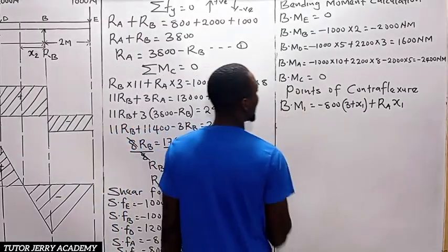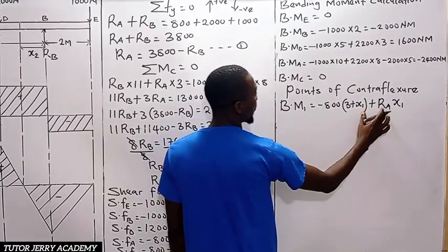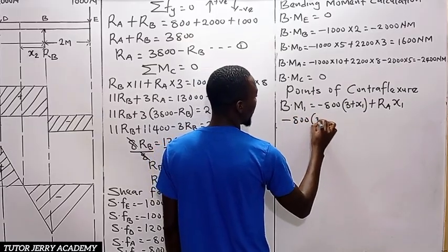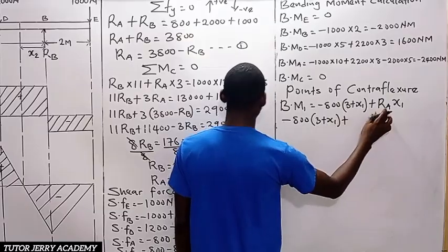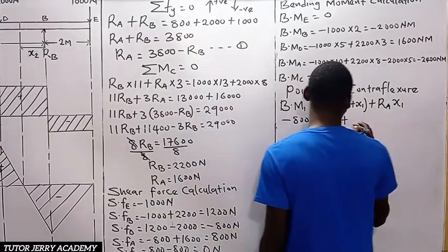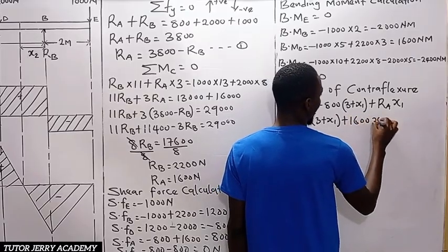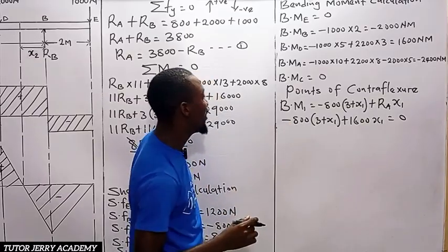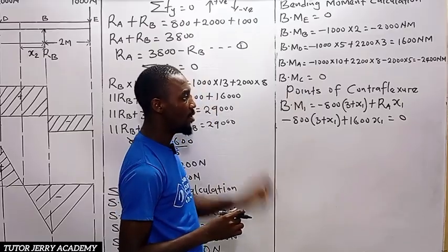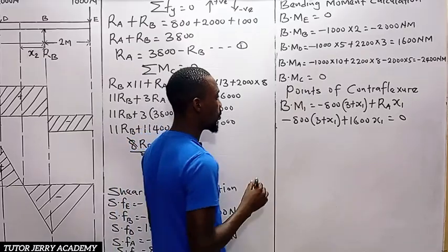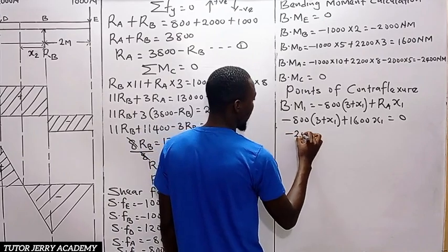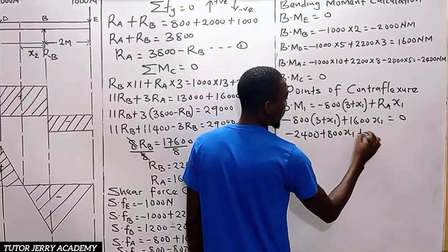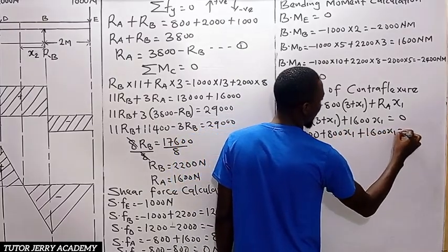So B1 will be equal to 0, and we substitute for RA. We have negative 800 into 3 plus S1, plus RA, which is 1600, S1 equals 0. If you clear this bracket, 800 multiplied by 3 gives 2400. So 2400 plus 800 S1 plus 1600 S1 equals 0.